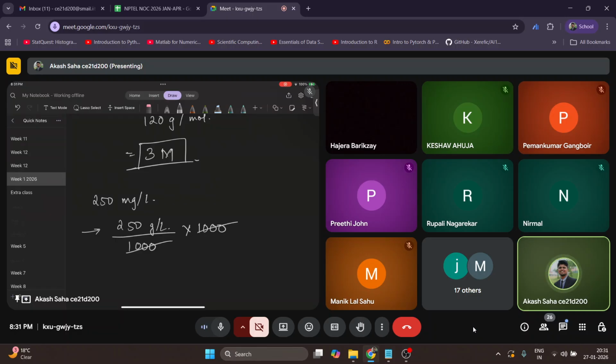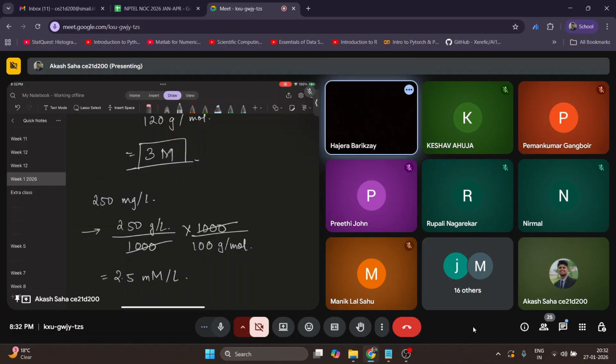So these things cancel. And in 1 mole, we have 100 gram per mole, right? So the answer will be 2.5 millimolar. I think this is much easier to understand, the last one.